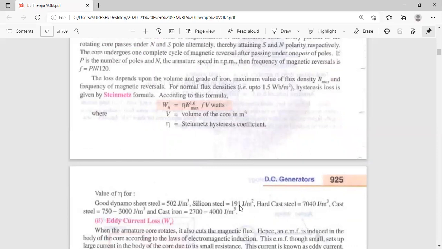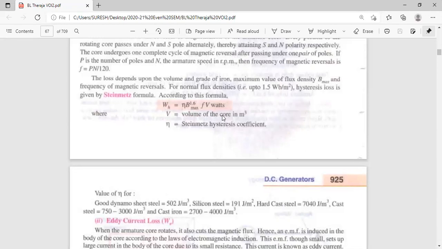For silicon steel, it is 191 joule per meter cube. For hard cast steel, it is 7040 joule per meter cube. Cast steel is in between. All these values no need to remember. Only remember this formula. V is volume, eta is the Steinmetz hysteresis coefficient, and Steinmetz is the scientist who proposed this formula.